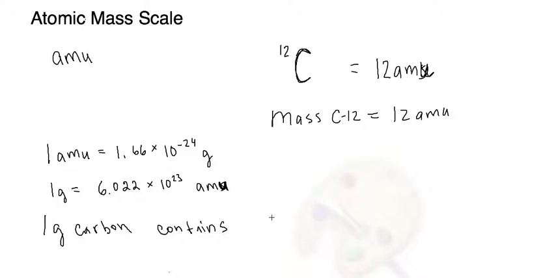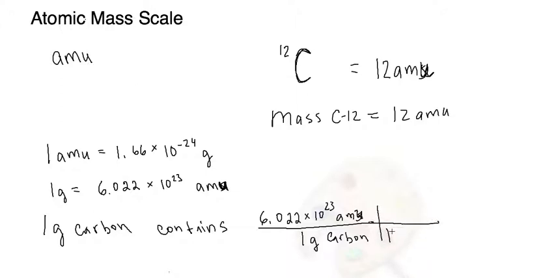So 1 gram of carbon contains 6.022 times 10 to the 23rd power AMUs. That's AMUs per 1 gram of carbon. And then we divide that by 12 AMUs, which is in 1 atom of carbon.